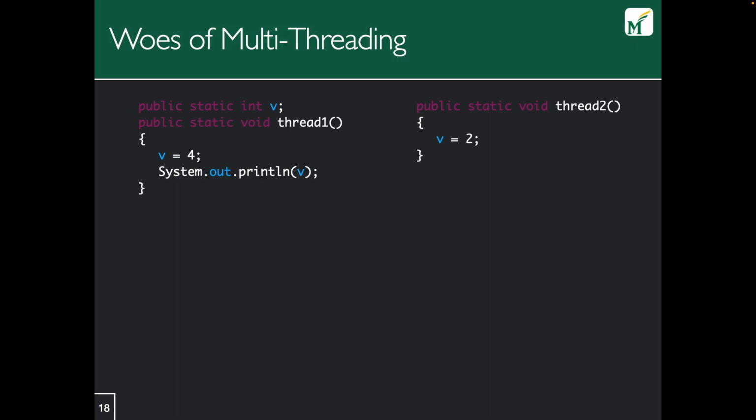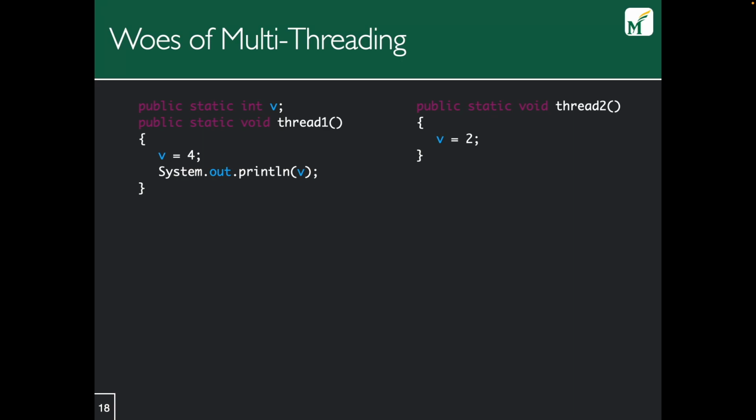Here we have some relatively straightforward Java code. We have a variable v that we've declared, and some function that we are calling thread 1 and some function that we're calling thread 2. These are going to execute on different threads of a machine. Here we are setting v equal to 4 and printing out v.